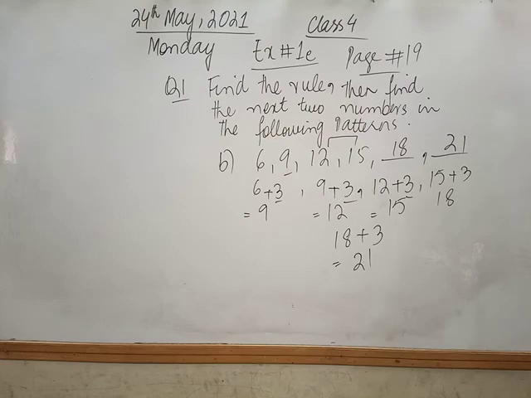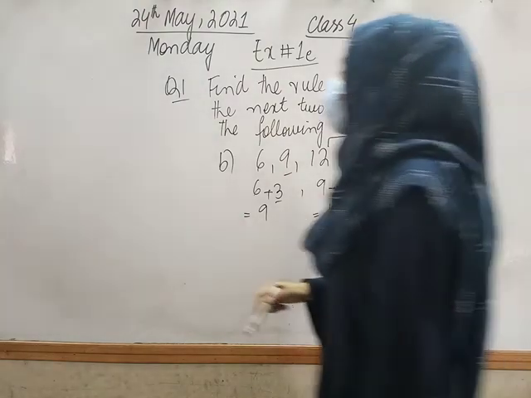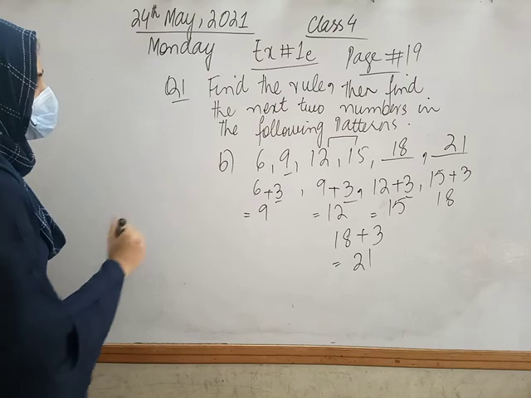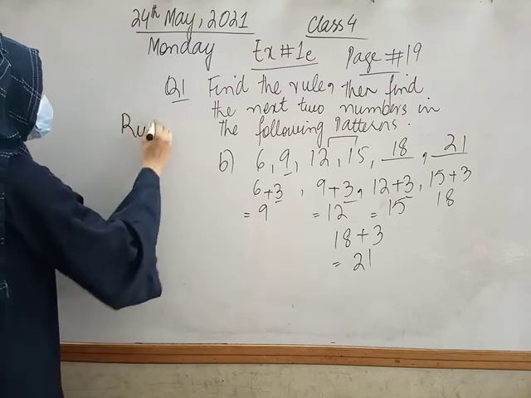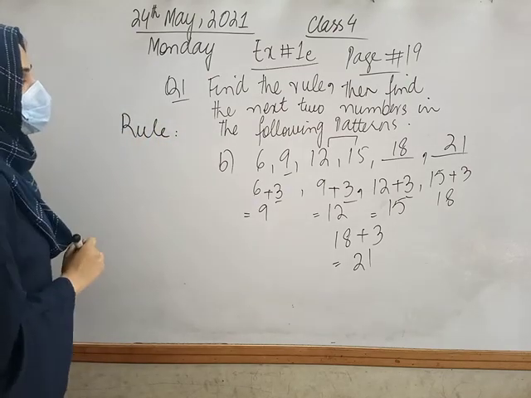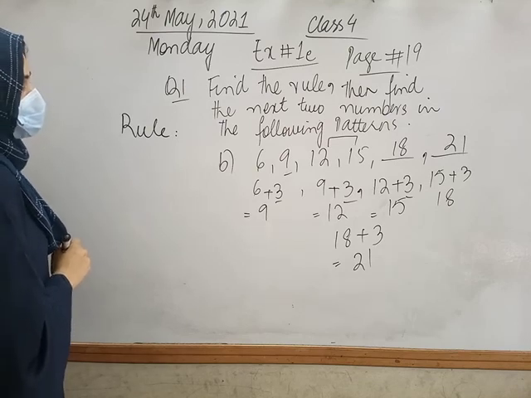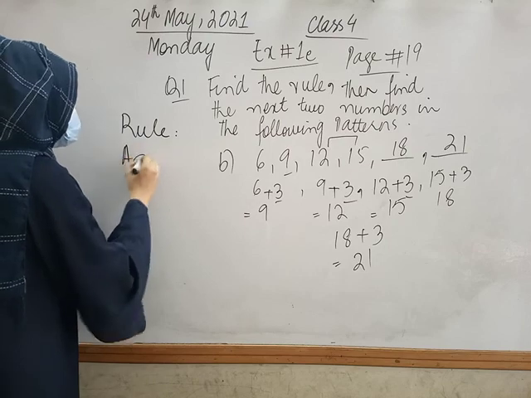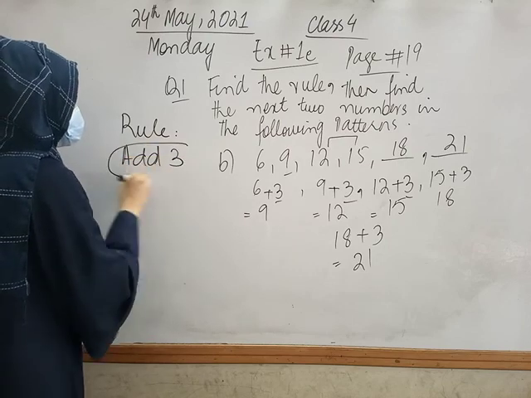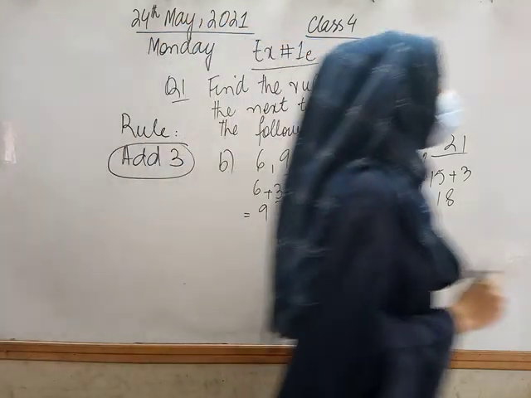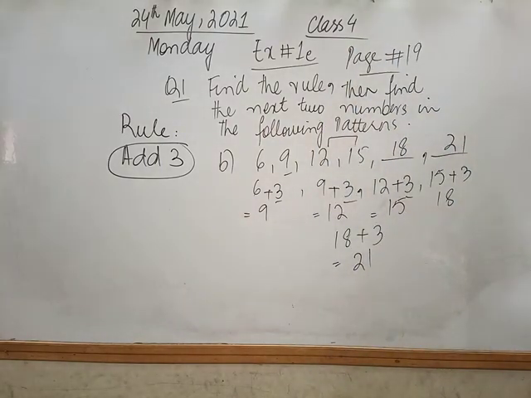Now according to this, class, what type of rule is used in this part, class? Very good. Add 3. We will add 3 to find the next numbers. Fine. So this is all, class.